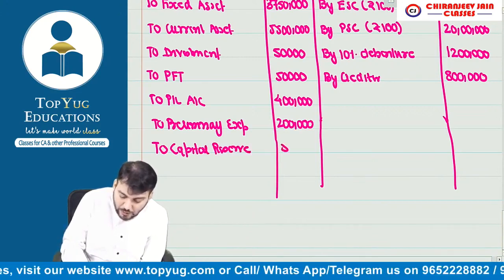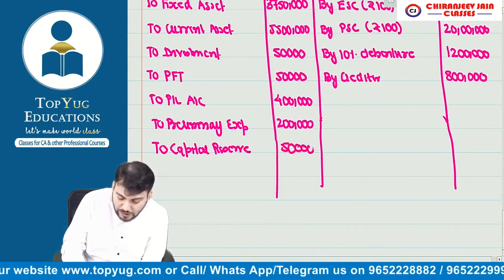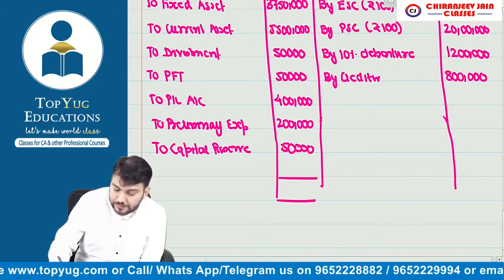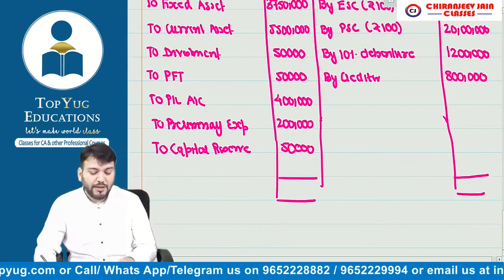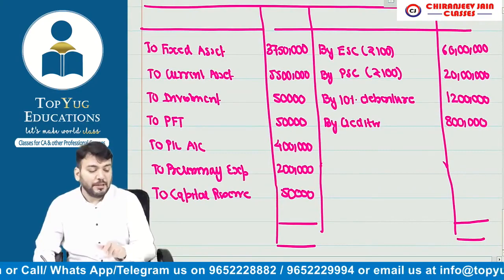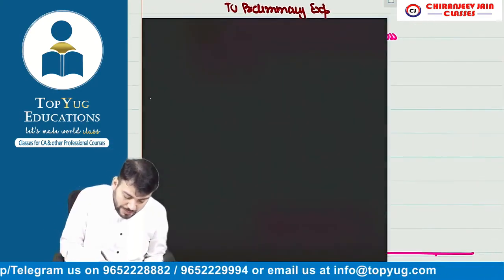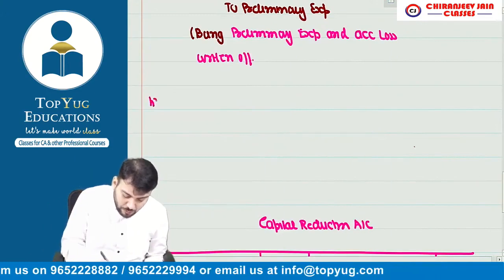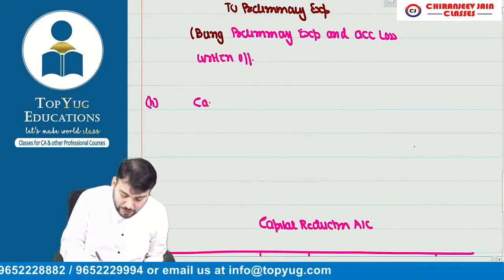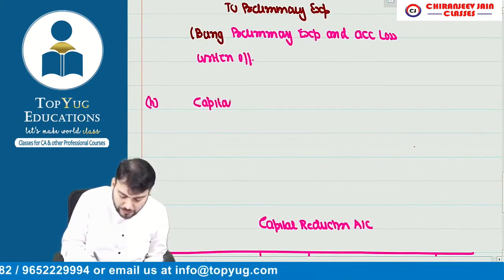Correct? Yes or no? Yes. So this 50,000 will be transferred to capital reserve. Have you understood this point? Tell me, what journal entry will we make for this? So point number H, don't forget to make this journal entry.